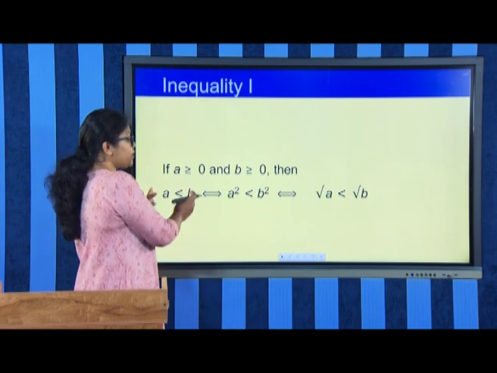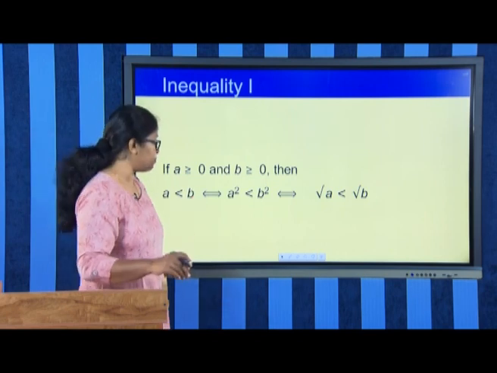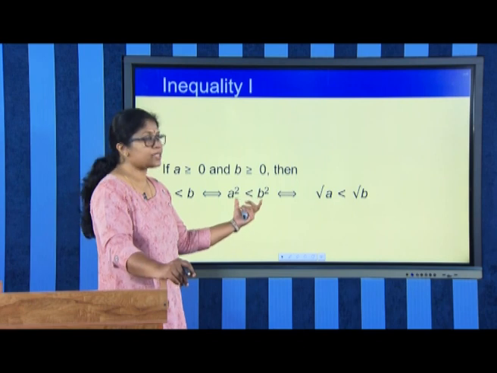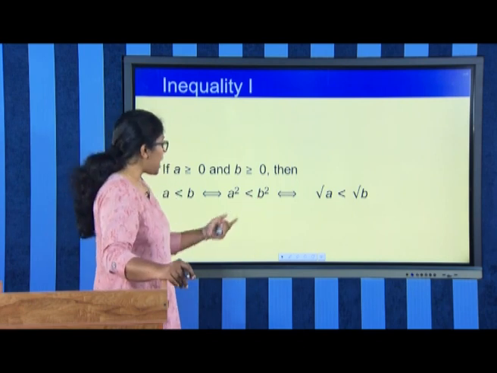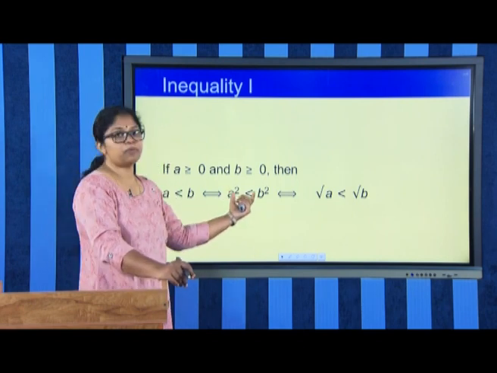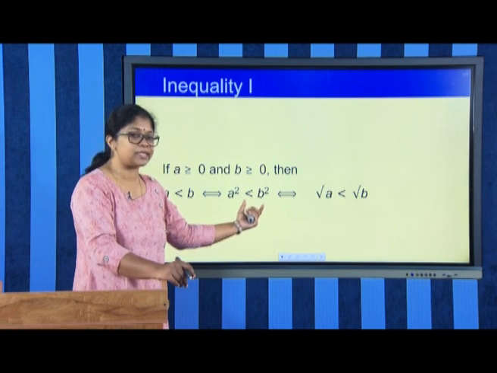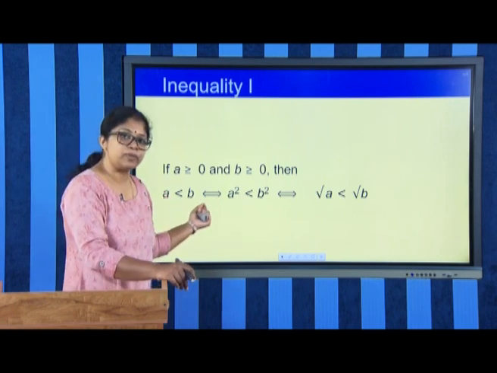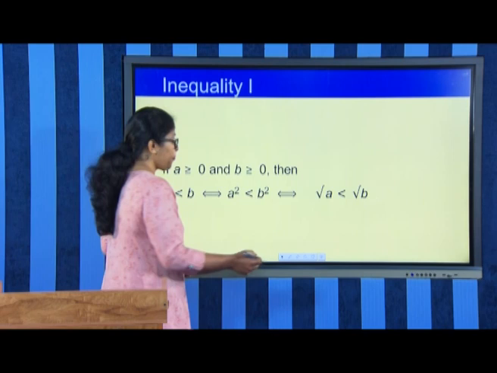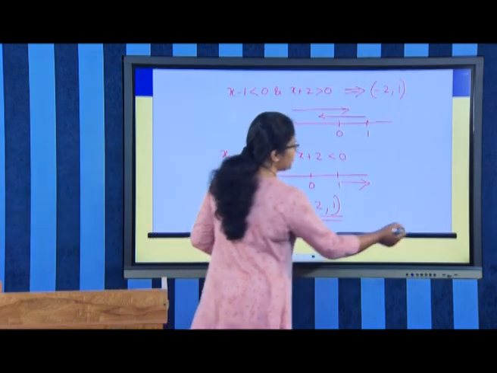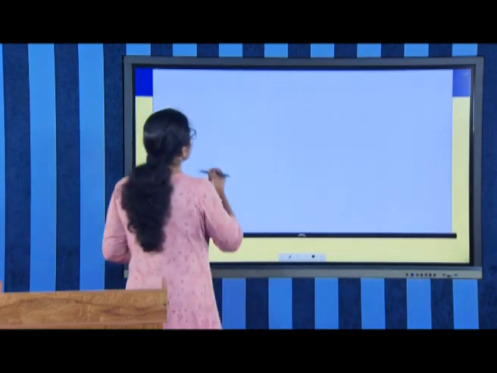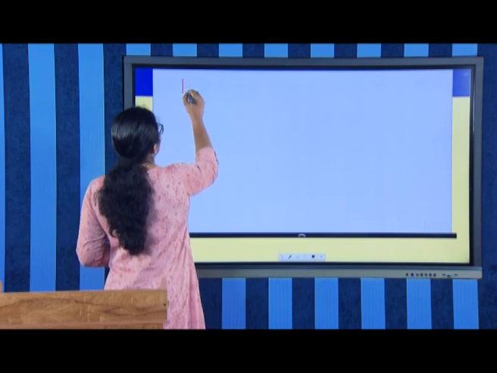So, suppose we are given the condition A is less than B, what we have to prove is A square is less than B square and vice versa. That is, we first suppose A square is less than B square and then we will prove that A is less than B. So, let us look at the proof. Inequality 1.